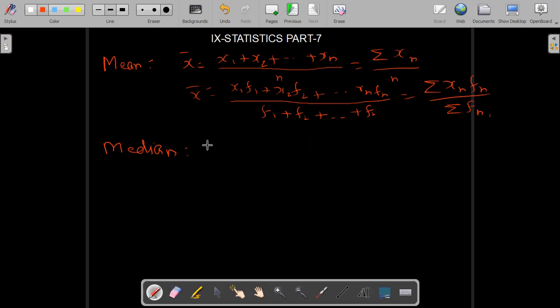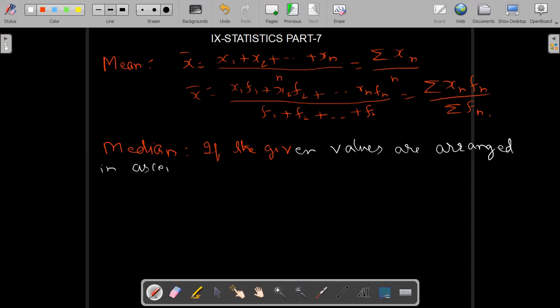Median: if the given values are arranged in ascending or descending order. This is the main thing, we have to arrange the values in ascending or descending order.